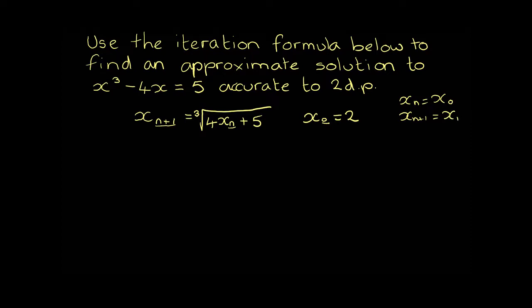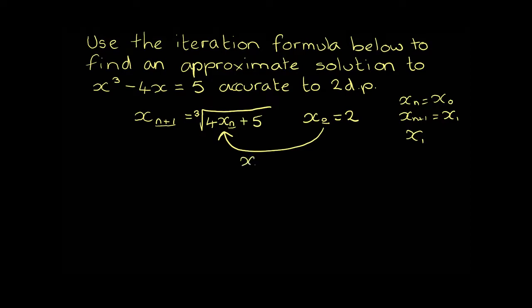So the xn plus 1 and the xn just mean that they're consecutive in this sequence of approximations that we're going to do. Sometimes they give you x1 instead of x0. It's fine. This is your starting point, and this is what we're going to substitute into this formula instead of the xn. And again, we're going to do this using a calculator.